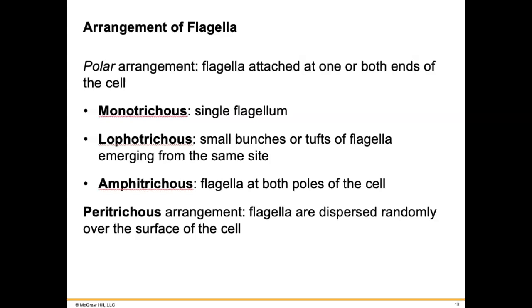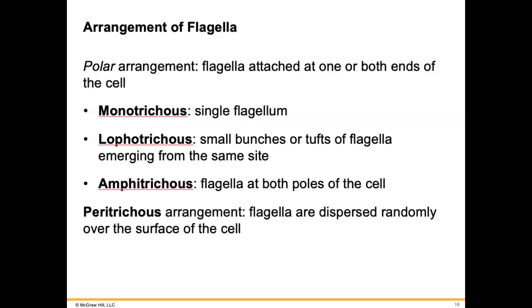Amphitrichous is when there is a flagella at both poles or both ends of the cell, which you can imagine makes that cell move around in a strange way. And then peritrichous, the prefix peri meaning around.